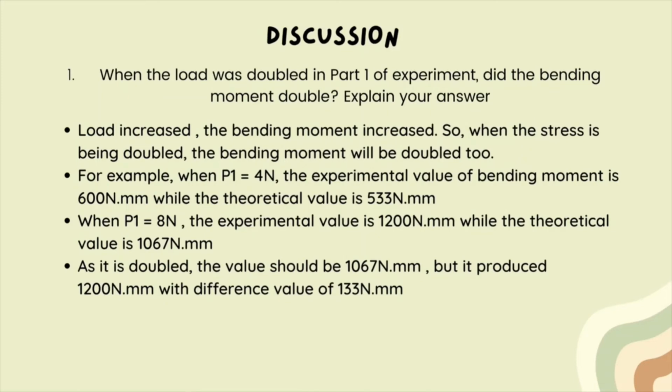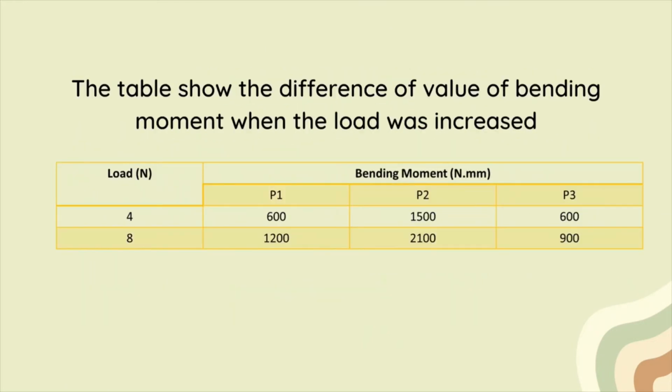When P1 is X Newton, the experimental value is 1200, while the theoretical value is 1067. As it is doubled, the value shall be 1067, but it produces 1200, with a difference of 133. The table shows the difference of value of bending moment when the load was increased.